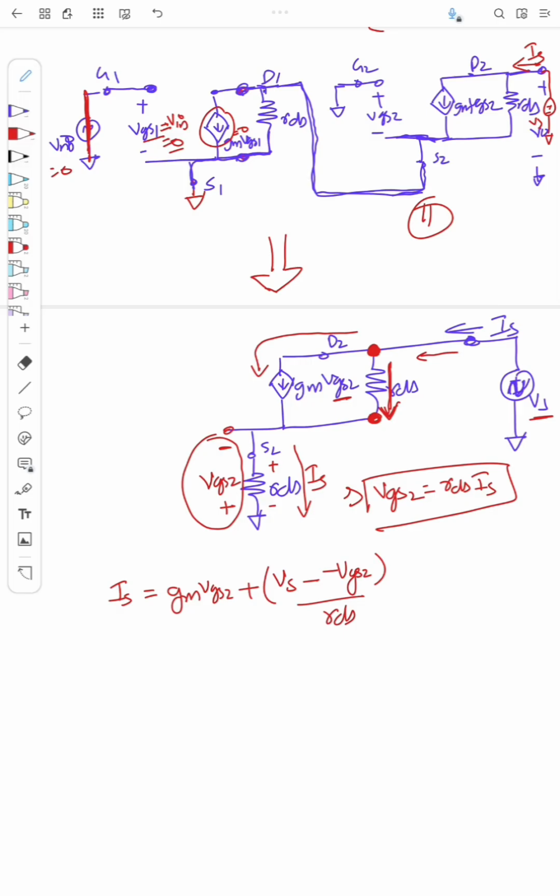Now let us substitute. So this VGS2 is actually minus RDS into Is, right? So let us substitute this voltage in this equation. So gm into VGS2 is minus RDS into Is, plus Vs minus VGS2 is minus RDS Is, so I can write as Is RDS, because this minus and minus cancel off, by RDS.